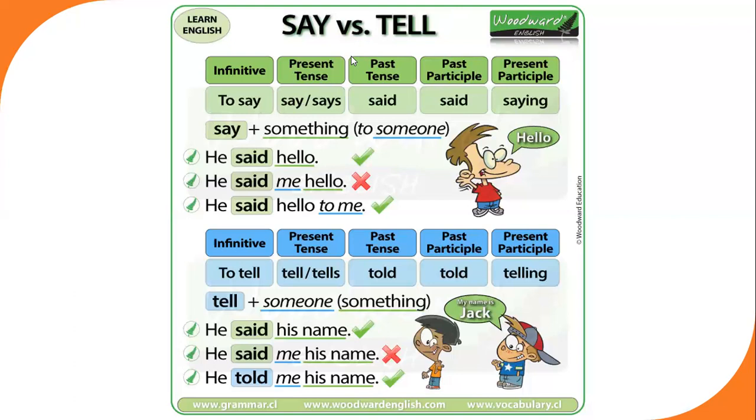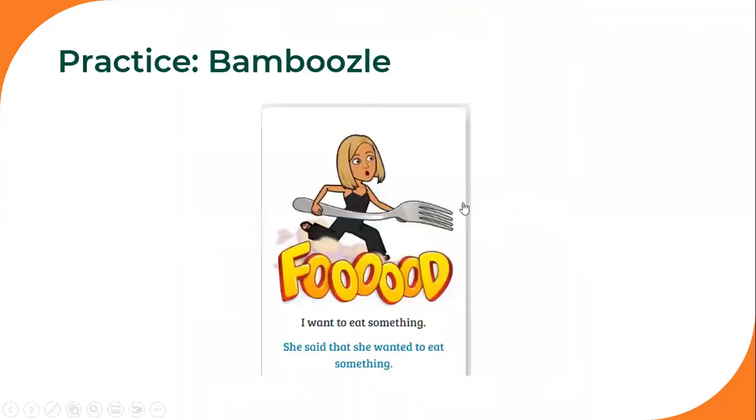Entonces la diferencia entre el uso del said y el told, en este caso iría con la preposición. Said siempre debe incluir said something to the person y en el told no es necesario ese to. He told me, he told his mom, he told his friend, ¿ok? This is like the big difference between both of them.